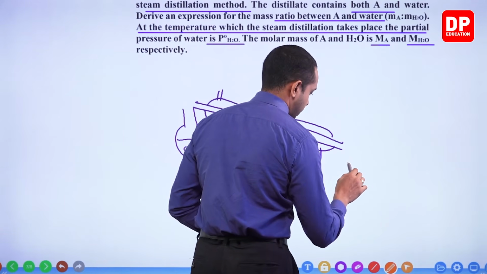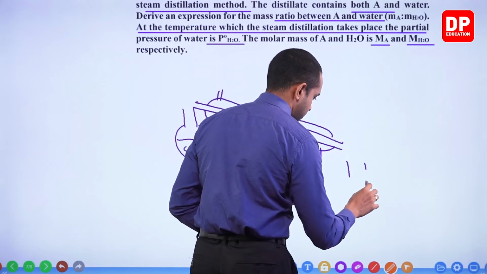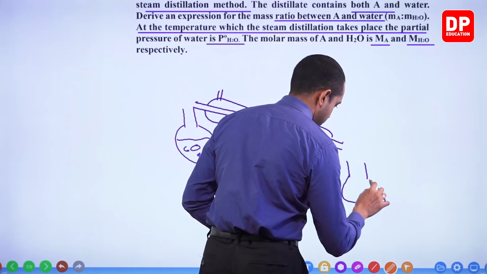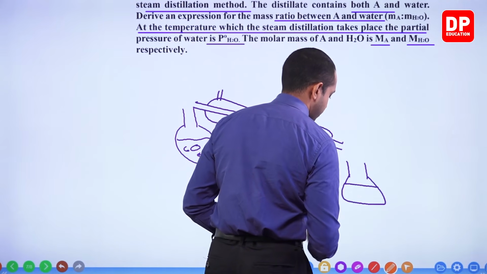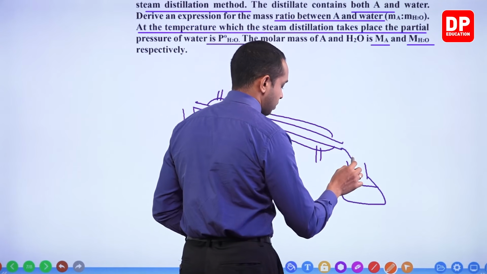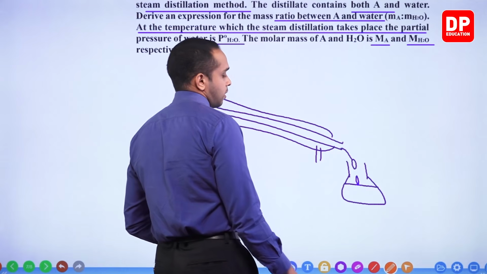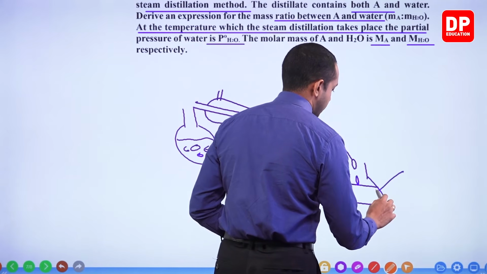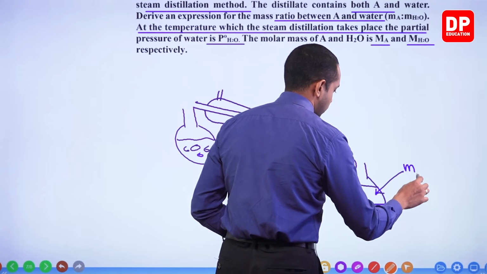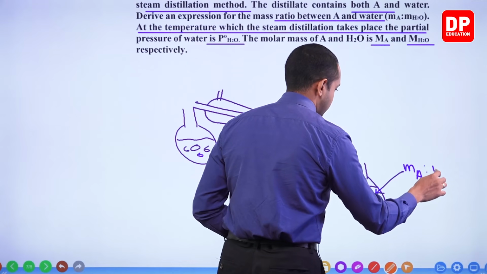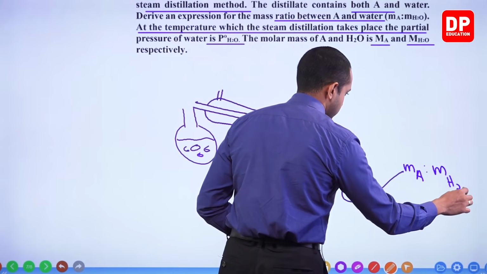And then over here we have our distillate. So in the distillate, we need to find out the mass of A to mass of H2O ratio.